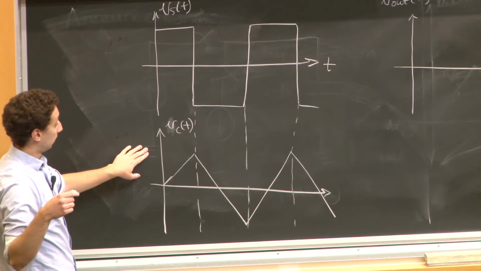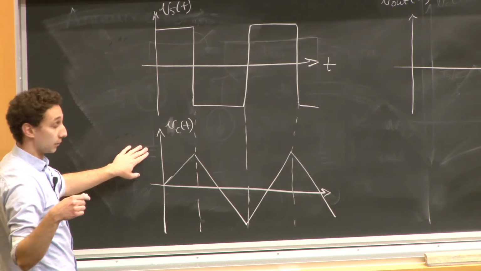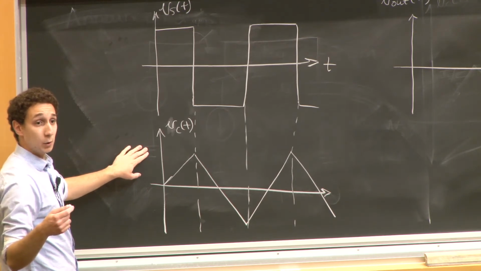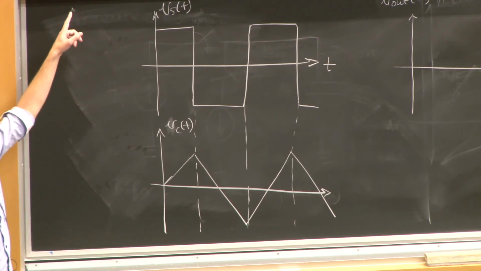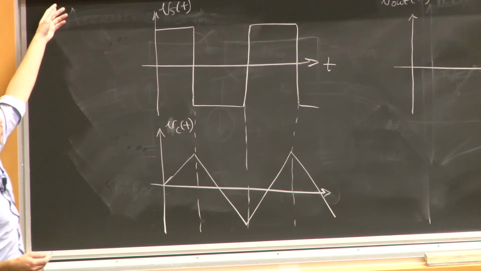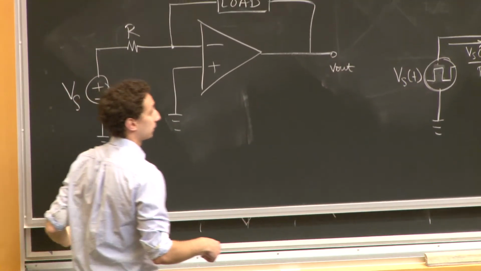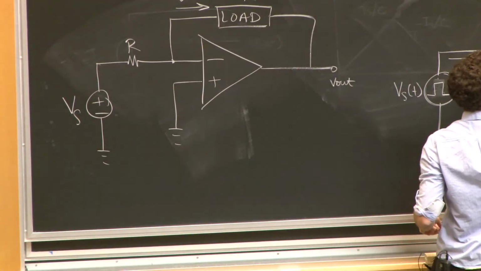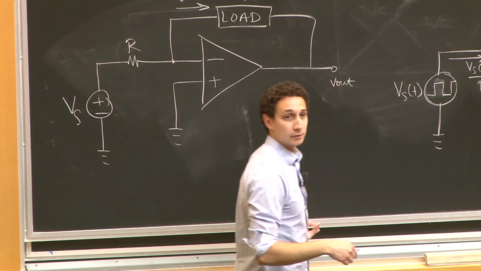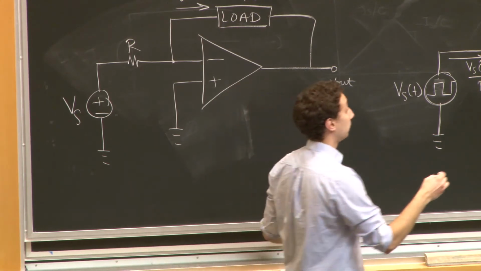Yeah. 0 minus the voltage on the capacitor. Why is that? We look at our circuit, and the way that we've defined the current by passive sign convention across the capacitor is like this, right? So the output voltage by KVL is 0.